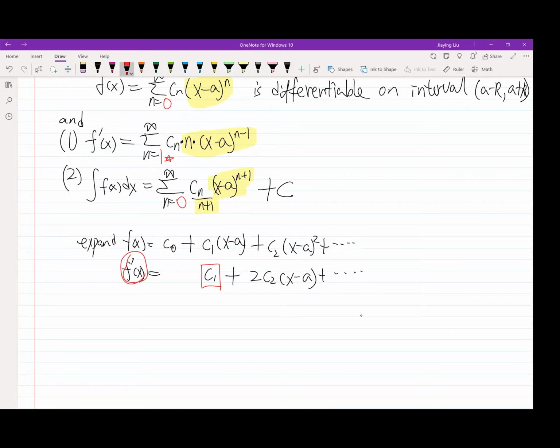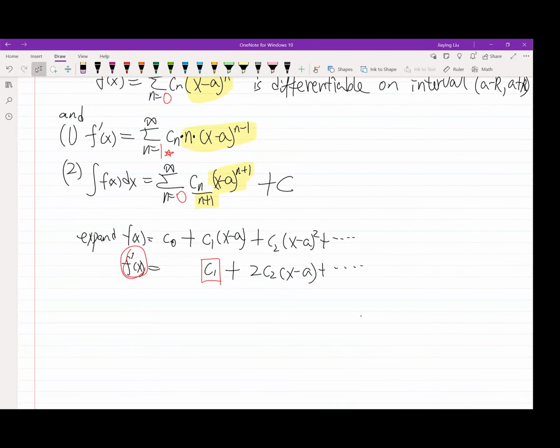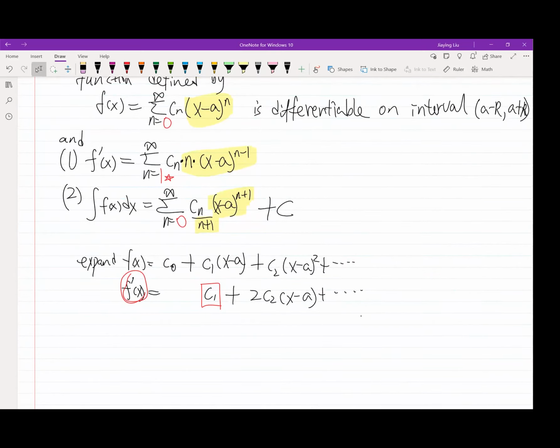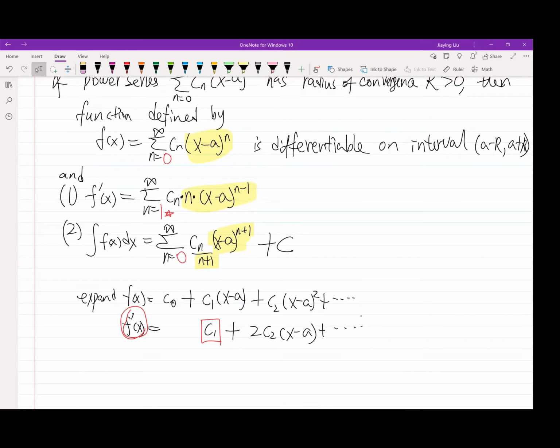And in the integral, we always have an addition of plus c, right? When we integrate something, we add a constant c there. You can try to think of it that way. All right, so that's the derivative and the integral of a function in power series.